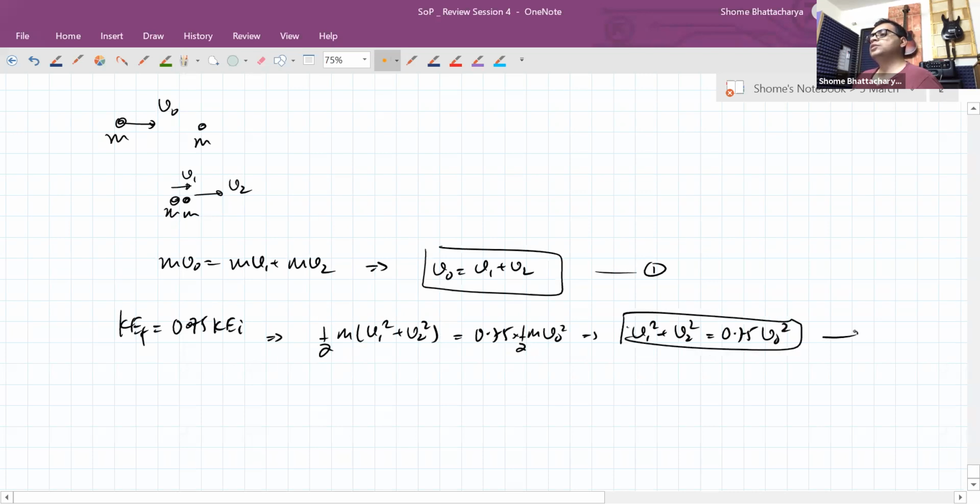These become our two equations, and we substitute this information here. So we get this sort of a quadratic relation.